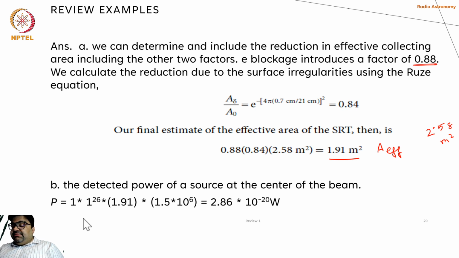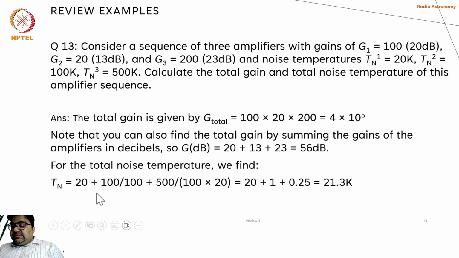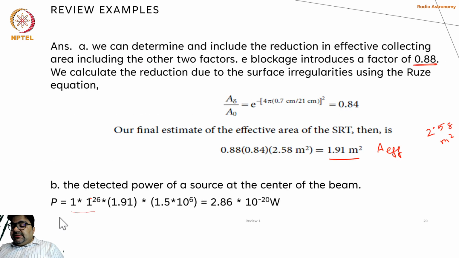Detected power is nothing but 1 Jansky, which is 10 to the minus 26, times 1.91, the effective area, times the bandwidth, and this gives you the answer.